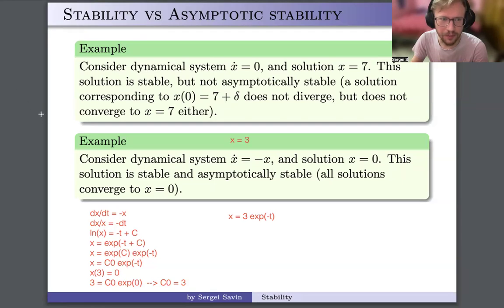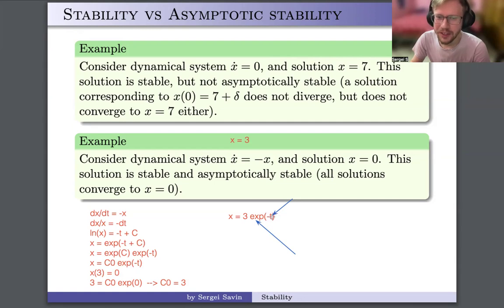And if you look into how it's going to behave, I think you would agree that this is going to decay to 0 as time goes to infinity, because exponent of a negative number is less. How should I put it simply?